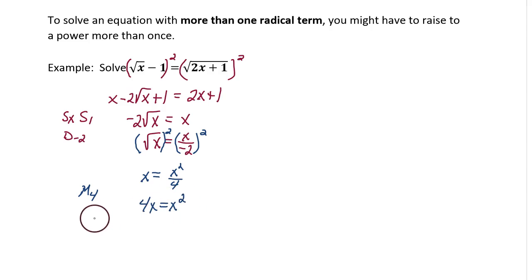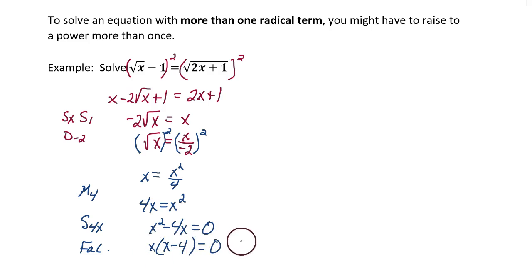This is a quadratic equation, so let's make standard form. Subtract 4x from both sides to get a 0. We get x squared minus 4x is equal to 0. This one happens to factor again, so let's use factoring. X times x minus 4 is equal to 0.